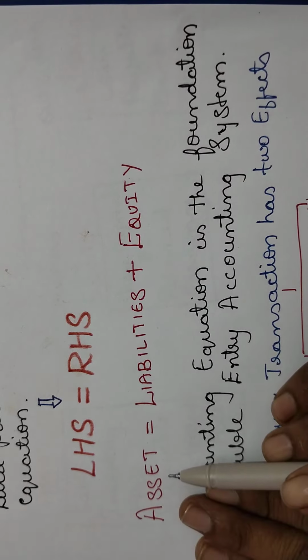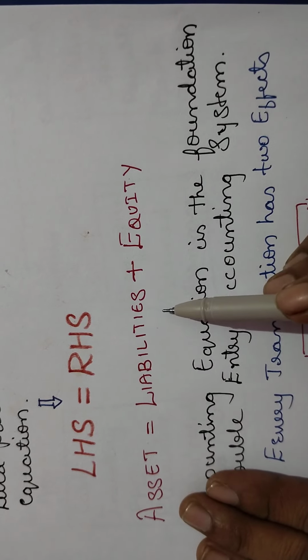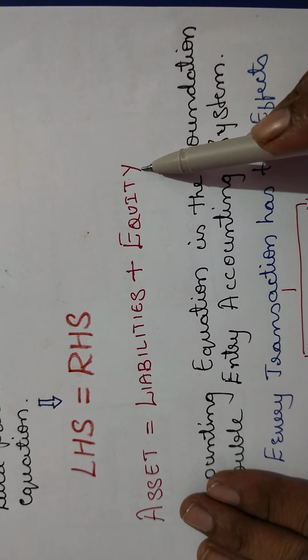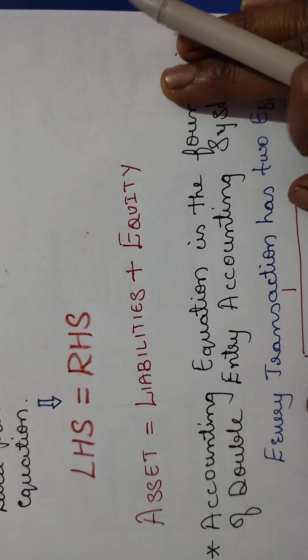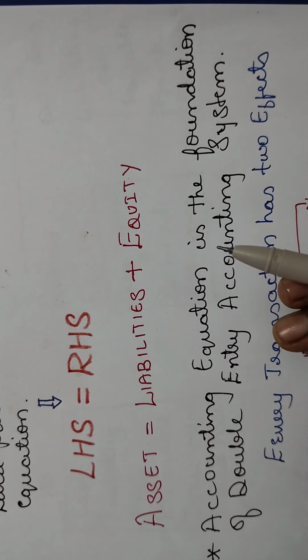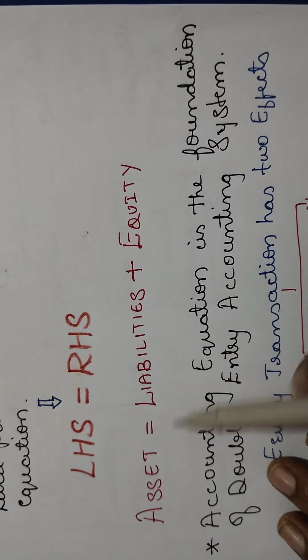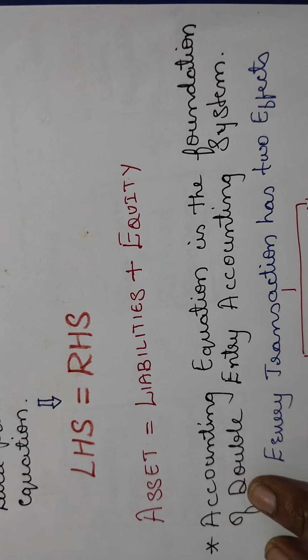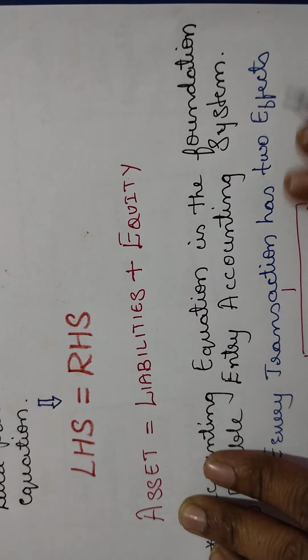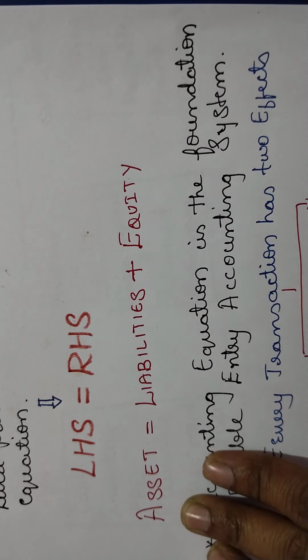Why is assets equal to liabilities and the capital or equity? We have understood what assets are. If you have not watched my previous video, please go back and watch, because if you are not clear with these concepts and meanings, you won't be able to understand what an asset or liability is and how it will be treated.